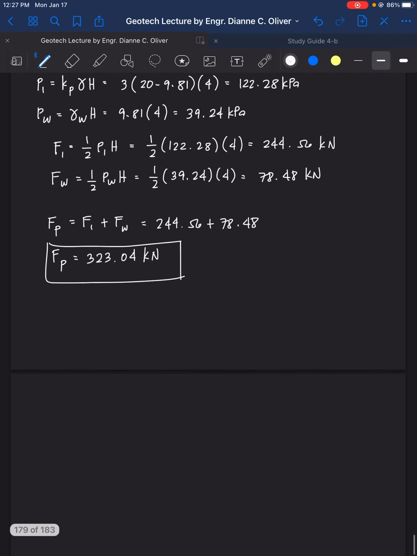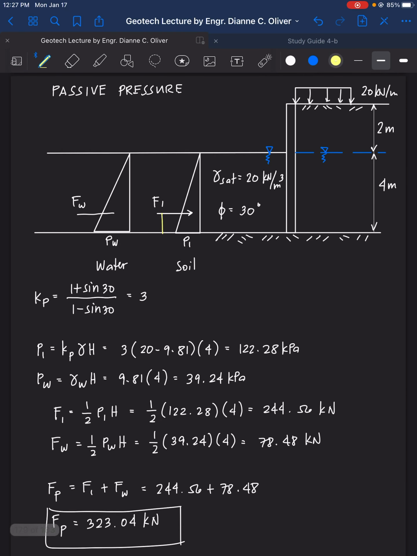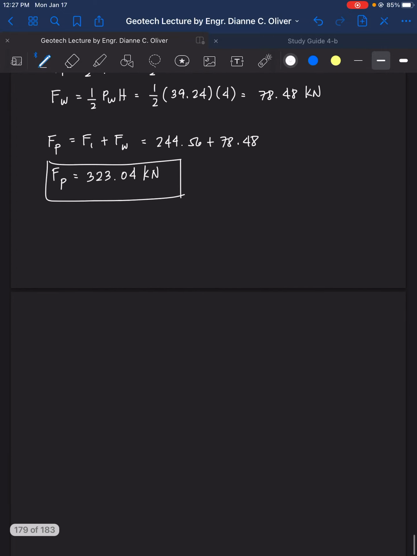Then for the moment, we have the value for Y1 and Y water as equal. Y1 is equal to Y water. It's equal to 1/3 of 4, 4/3.